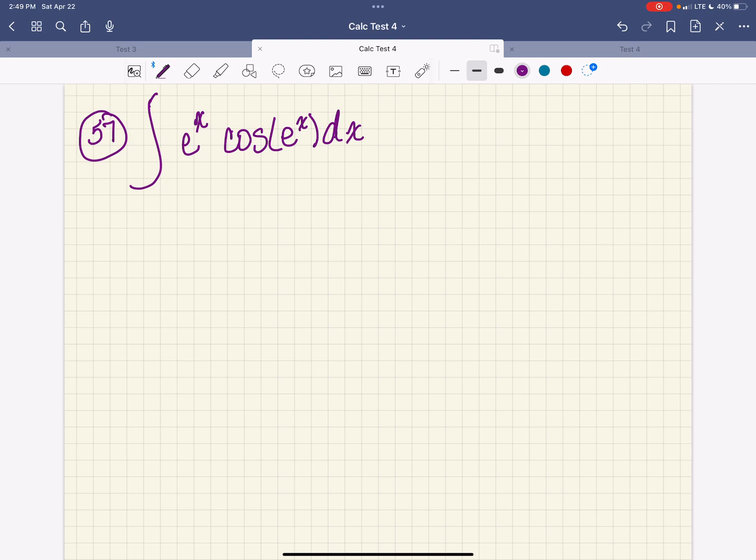I'm going to make u this e to the x right here. So u is going to be e to the x. du dx is e to the x, so dx is going to be du over e to the x.